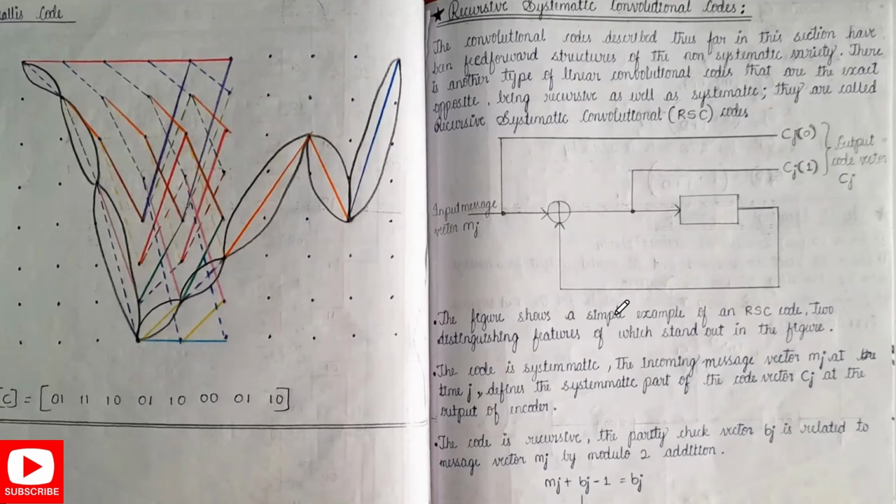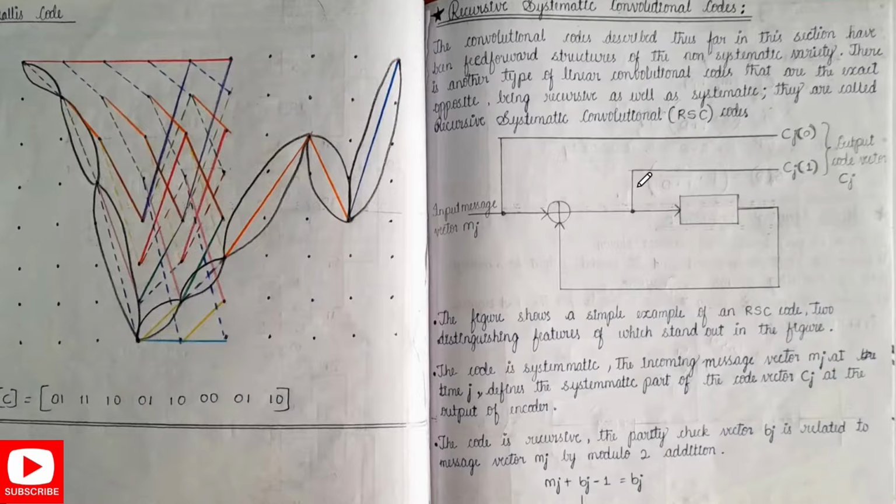Next is the recursive systematic convolutional code. So these are described for the feed-forward structures of the non-systematic variety. So this is another type of linear convolutional code. Here it is exactly the opposite, being recursive as well as systematic.